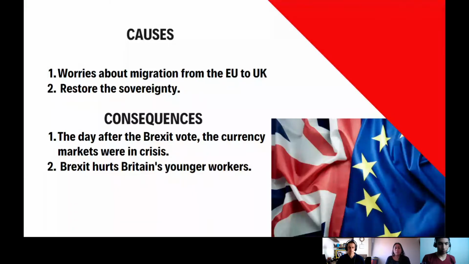A weak pound also makes US exports to the UK more expensive, although that hasn't slowed exports. Another consequence is about jobs. For example, Germany is projected to have a labor shortage of 3 million skilled workers by 2030. But those jobs won't be really available to the UK's workers after Brexit.